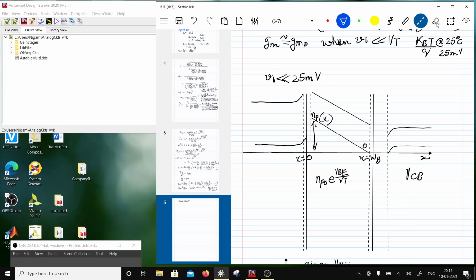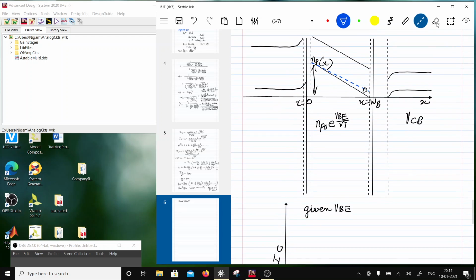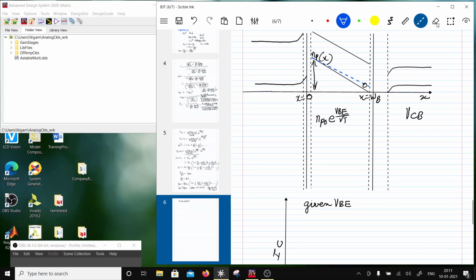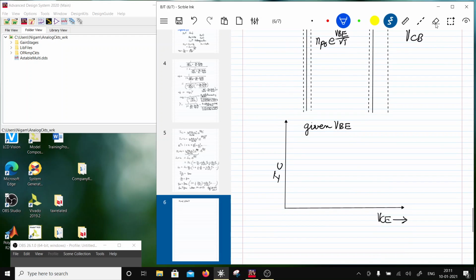So we have already applied VBE, but this slope has not reached 0. There would be a point when you keep increasing VCB, this slope will become 0. So basically I'm starting from here, and at some point this slope will become 0.